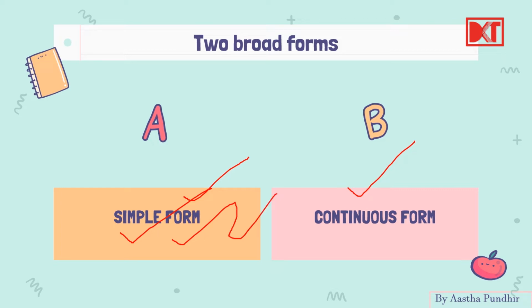Similarly, for continuous as well, present continuous and past continuous. Alright, so these are the two broad forms which are simple and continuous. These are the ones which we will be doing in the further slides.